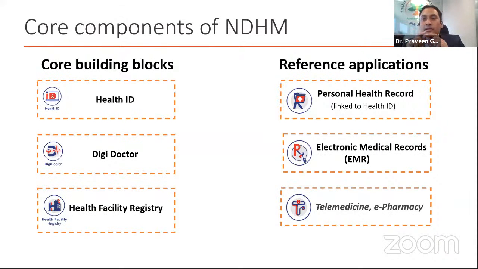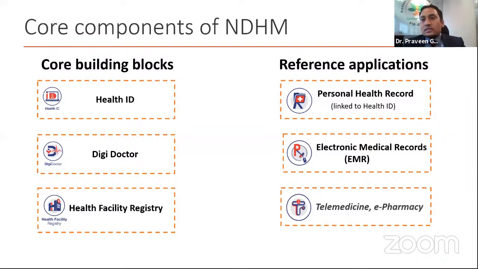So UPI can be compared with NDHM. Then there is a government app which is known as BHIM, Bharat Interface for Money. And so this is the reference application. And then there are private apps like Paytm, Google Pay, PhonePe, and all that, which are other applications. But the core platform which has allowed all this system to evolve is UPI, which is NDHM.